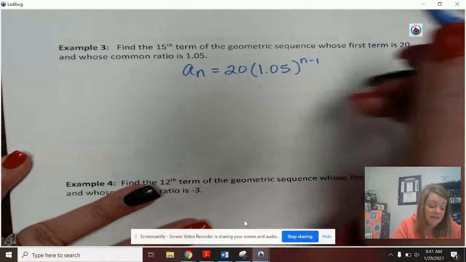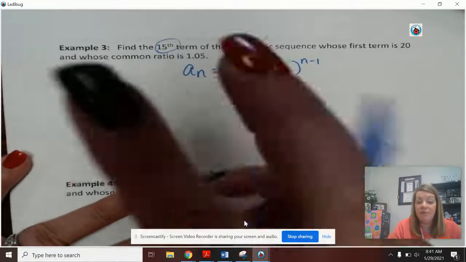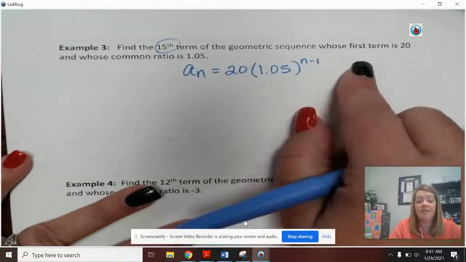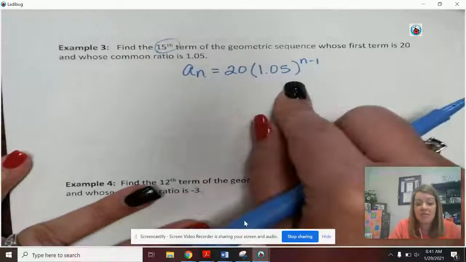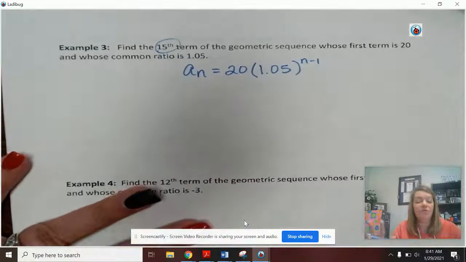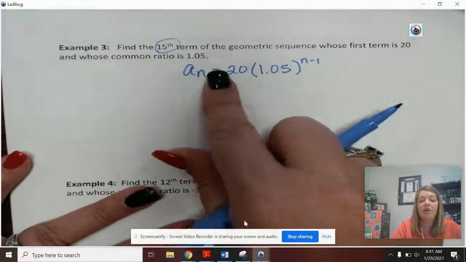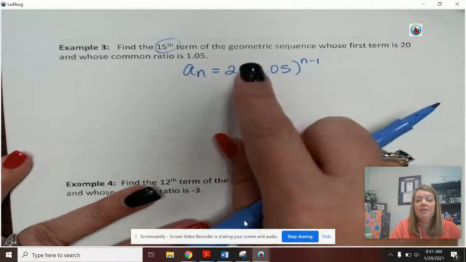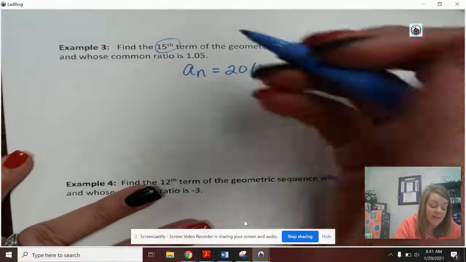Now in this case, it's asking me to find the 15th term. So the explicit formula is going to be the same no matter what for this particular sequence. You could use this formula to find the 15th term, 27th term, 109th term, 2000th term. It doesn't matter. You'd use this same formula that starts here and then has this ratio. Well, we're going to find the 15th.